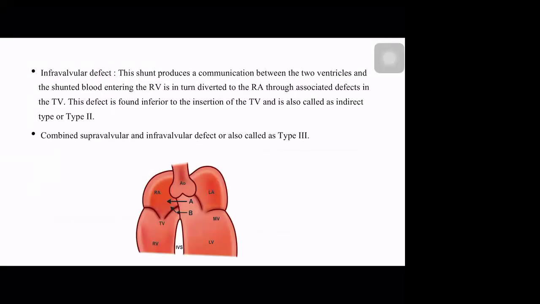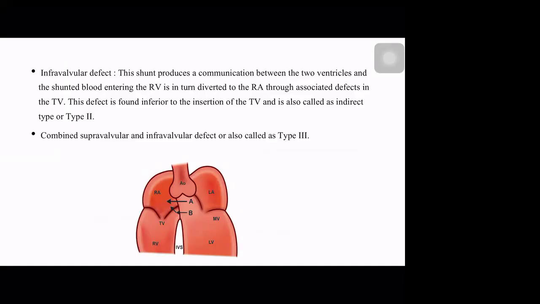In the infravalvular or indirect or type 2 Gerbode defect, the shunt produces a communication between the two ventricles, and then the shunted blood enters the right atrium through the right ventricle. So left ventricle, right ventricle, then to the right atrium through the associated defect in the tricuspid valve.